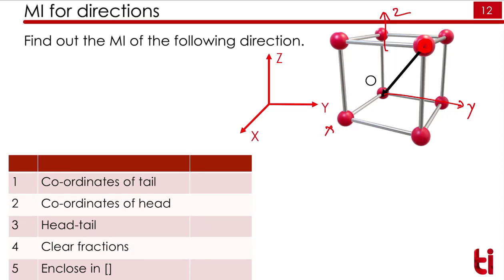So I will come to this point by moving along x 1 unit distance, then along y 1 unit distance, and then along z 1 unit distance. So the coordinates of the tail are 1, 1 and 1. The coordinates of the head, because that is the origin, will be 0, 0, 0. Head minus tail will be minus 1, minus 1, minus 1. Clear fractions: no fractions. Close the parenthesis.